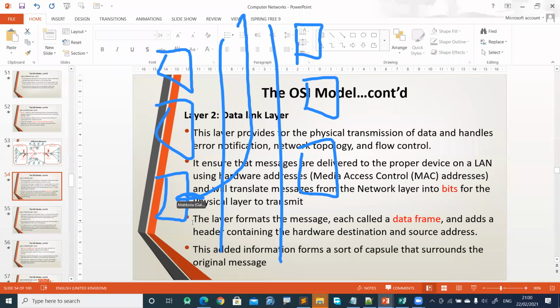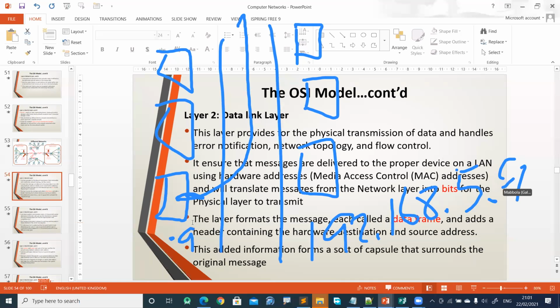If this house was .9, it would be like 192.168.5.9. But in a house, it is not just one person who stays, there are many people inside. So a packet must come and then uniquely identify the individual person inside. So the MAC address is like the individual.